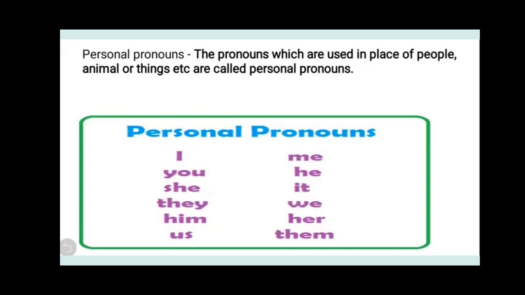The pronouns which are used in place of people, animals, or things, etc., are called personal pronouns. And some common personal pronouns are I, you, she, they, him, us, me, he, it, we, her, and them.